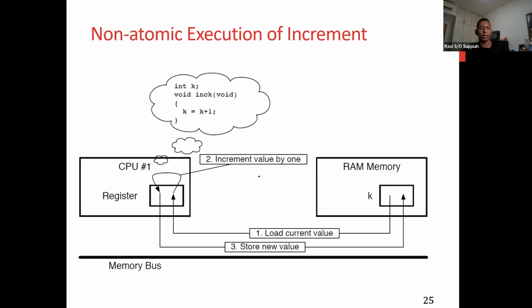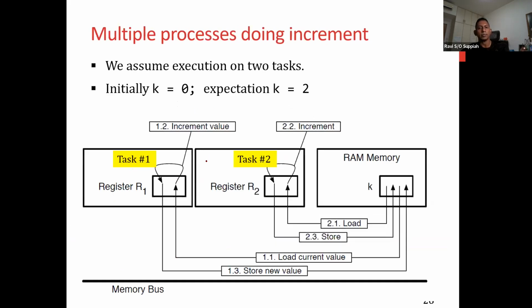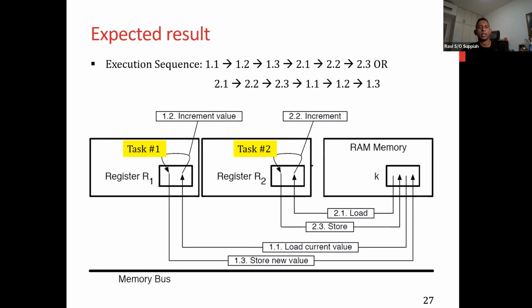So let's look at what is happening. Here, even though it's written as CPU, you can think of it as task 1 or task 2. Let's now have 2 tasks, task 1 and task 2, and both of them are running the same increment k.